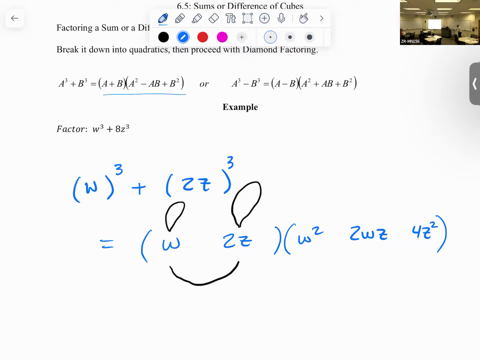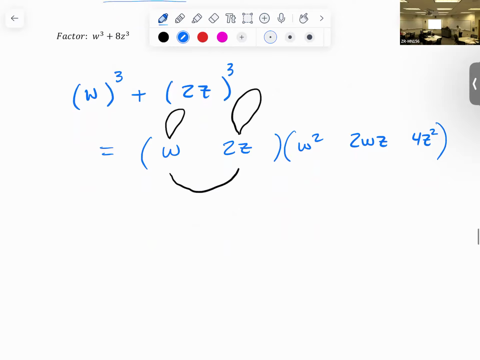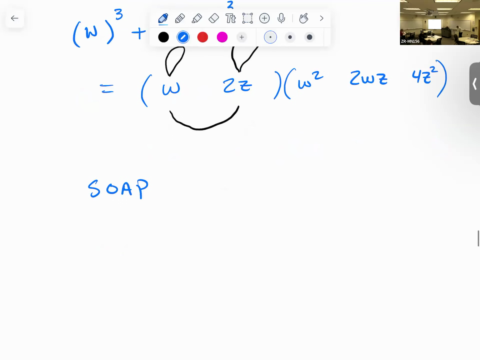That's funny. All right, in order to identify then the signs that go in there, we use the acronym SOAP. Same, opposite, always positive.